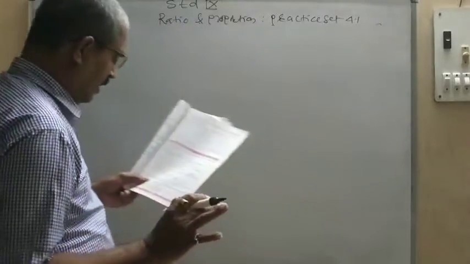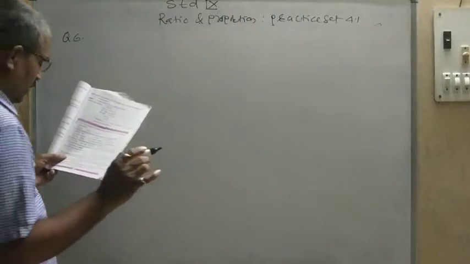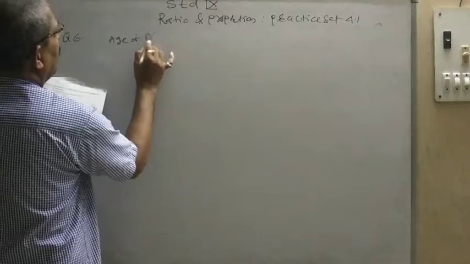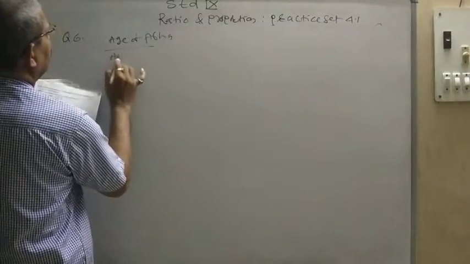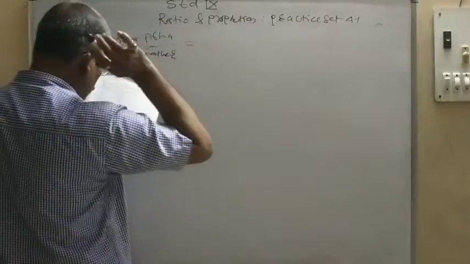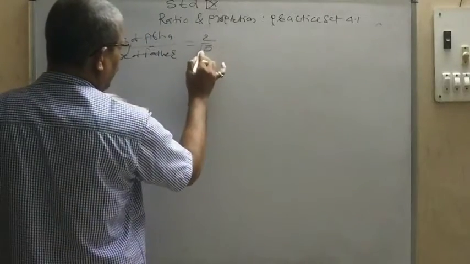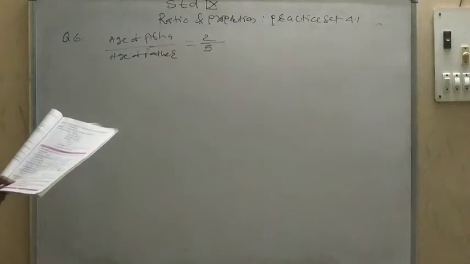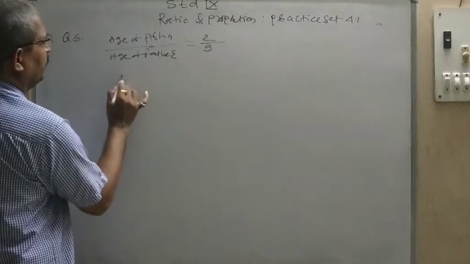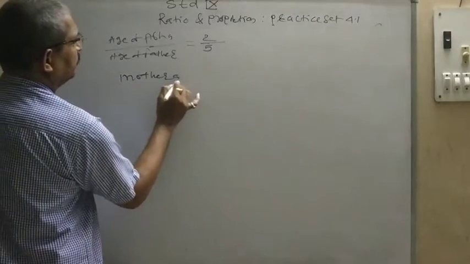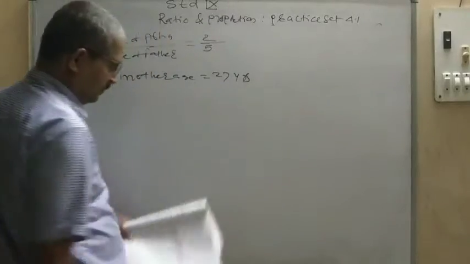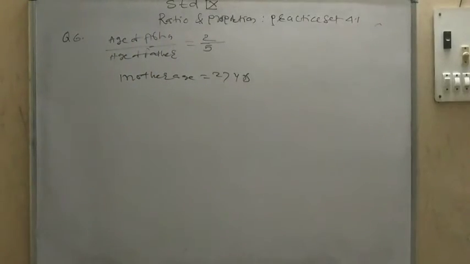Look, the ratio of the age of Abha and the age of her mother is given as 2:5, or 2/5. At the time of Abha's birth, mother's age was given as 27 years, and we are asked to find the present ages.